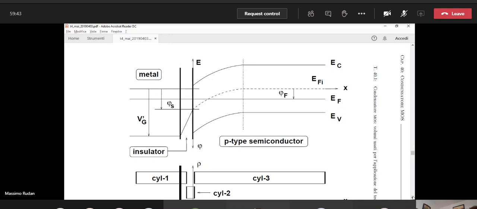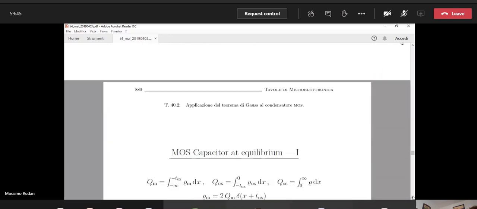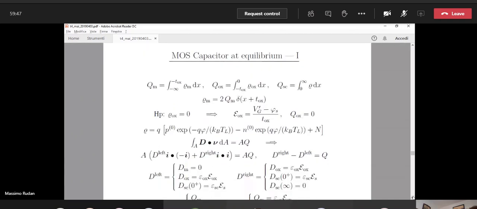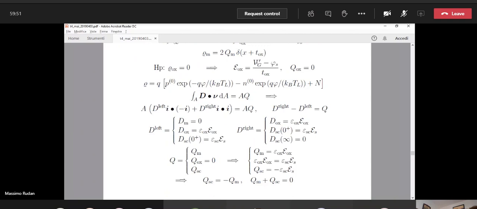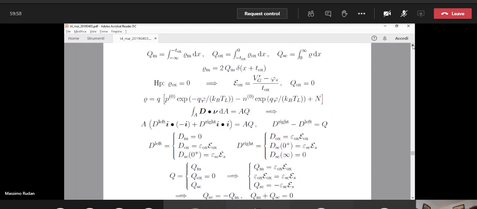Okay, so when there are no charges in the oxide, the oxide field is this one, Vg prime minus phi s over Tox. And finally, all of this makes it trivial to make the calculations in the metal and in the insulator, okay?